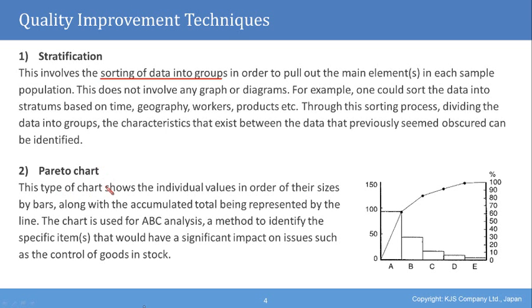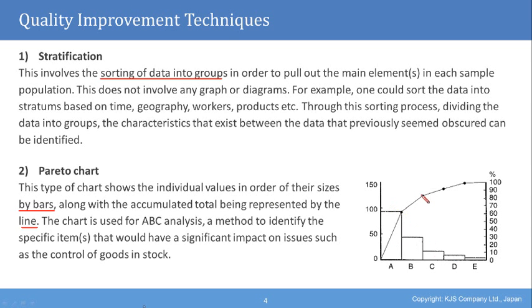The second category we had was the Pareto chart. In this type of chart, it shows the individual values in order of their sizes by bars, along with the accumulated total being represented by the line. So this kind of chart is a mixture of a bar graph and a line graph, and we can see this in the example on the right. The bars are representing the individual values in order of their sizes, and it also shows the accumulated total.